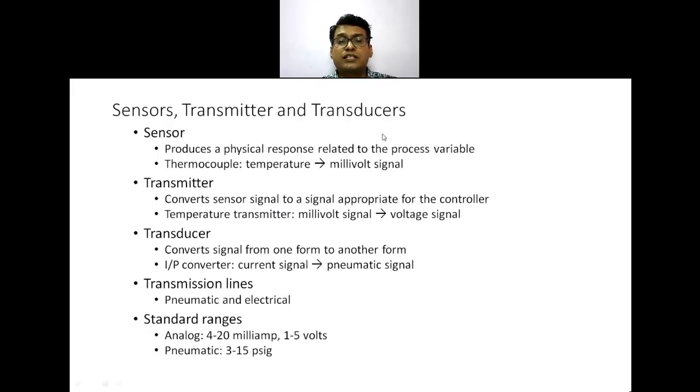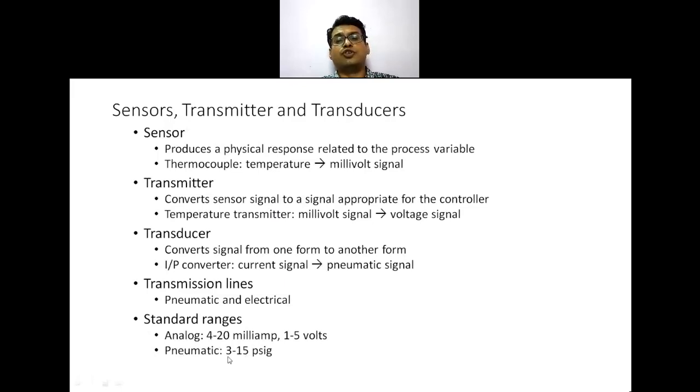So generally it's 4 to 20 milliamps and 1 to 5 volts. That is considered to be the standard: 4 to 20 milliampere current, and 1 to 5 volts is your voltage, which is considered standard in our process control. And it is all operated with a pneumatic pressure of 3 to 15 psig. 14.7 psig is nothing but 1 atmospheric pressure.